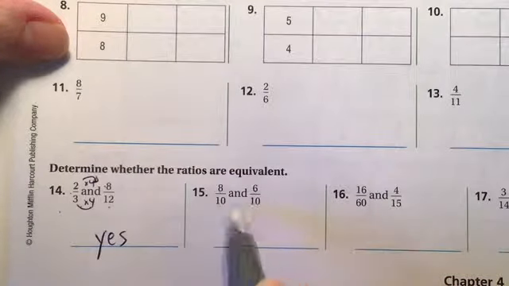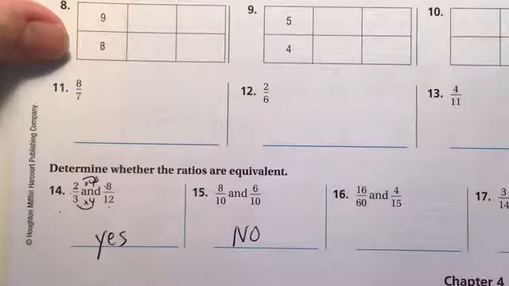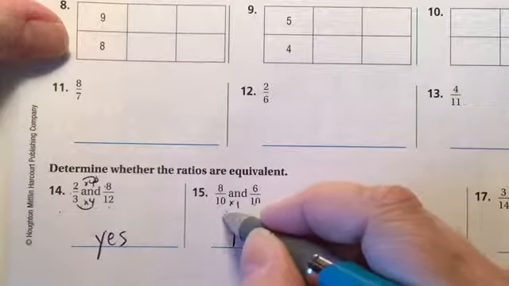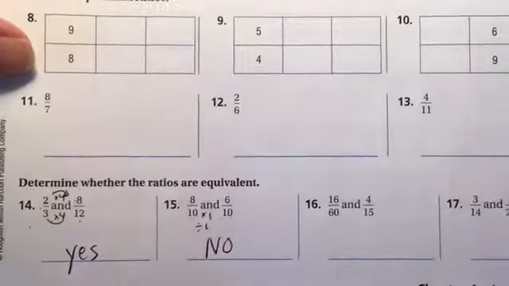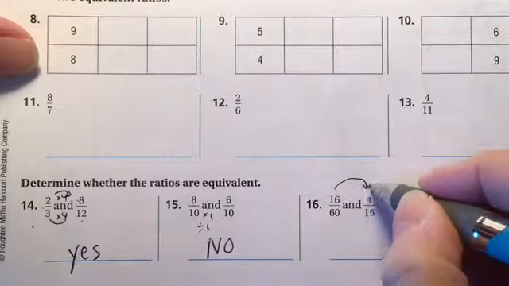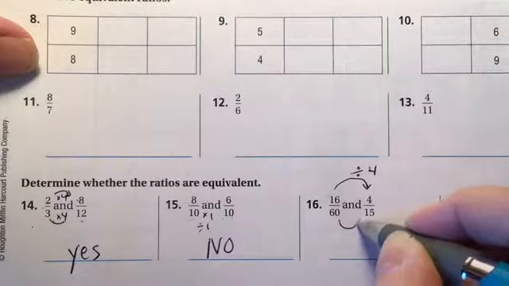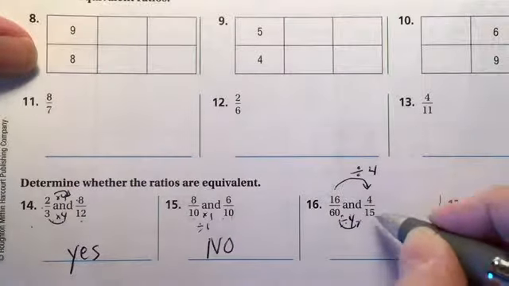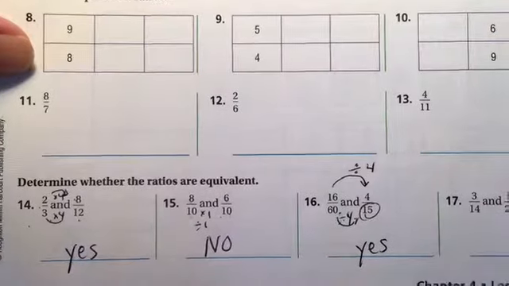So if these two stayed the same and those two changed, there's no way they can be equivalent, right? Because it would be 10 times 1 or 10 divided by 1, and that's not what's going on to get from 8 to 6. 16 to 4. So I would be dividing by 4. So then ask yourself, what is 60 divided by 4? It does give you 15. So yes, they are equivalent.